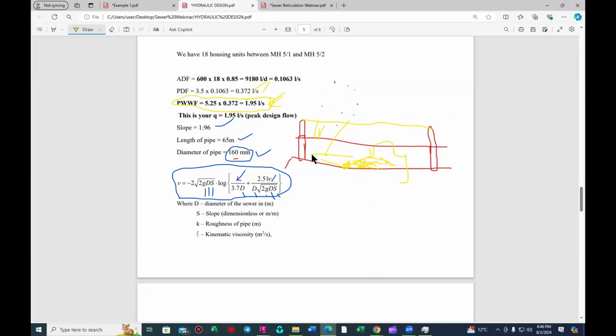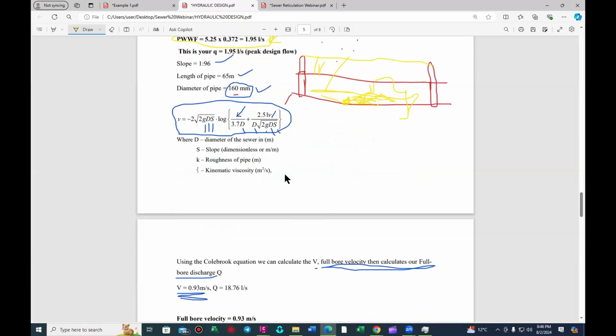Because of that pressure, it's going to force all these solids to be pushed down the drain. So what we're saying is, if your pipe is going to achieve full bore velocity at least once a day, what is that full bore velocity?